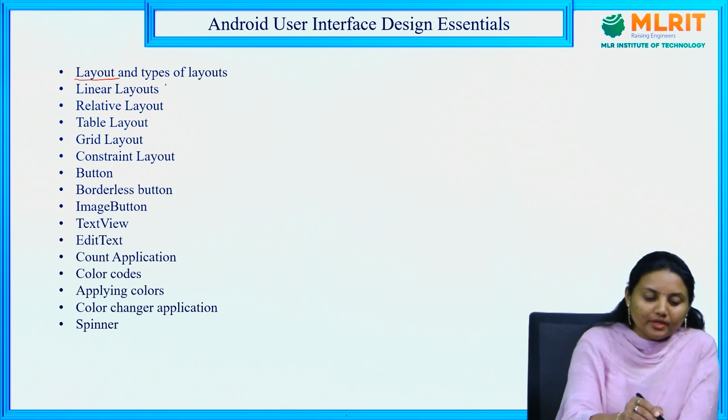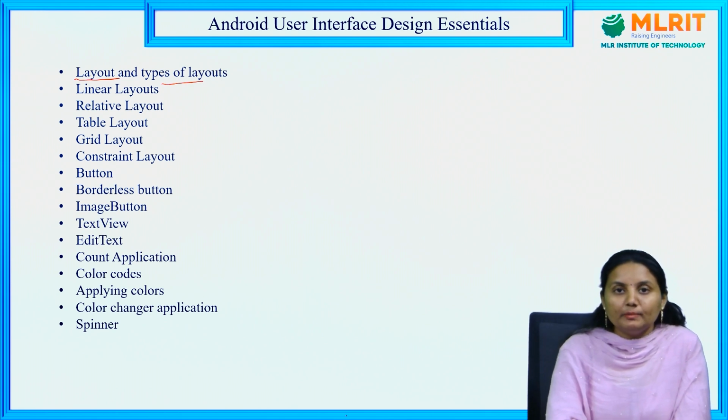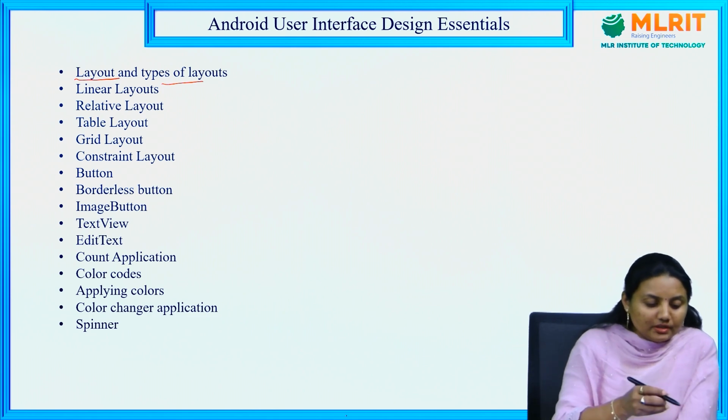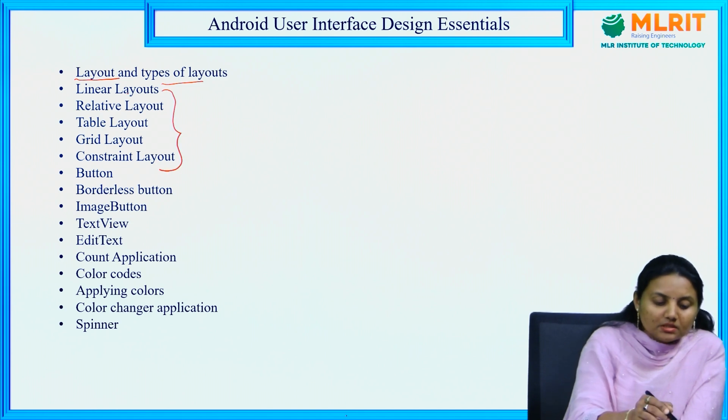And whenever you want to design on top of the screen, there will be different types of layouts that you can use, maybe grid layout, linear layout, relative layout, constraint layout. For all these layouts, we have specific coding that can be done for the design part. These are all about the layouts.